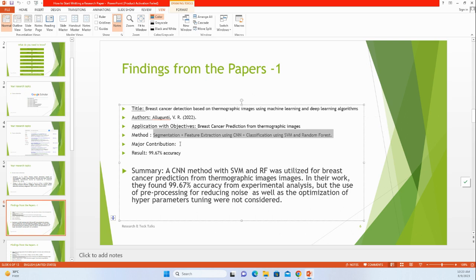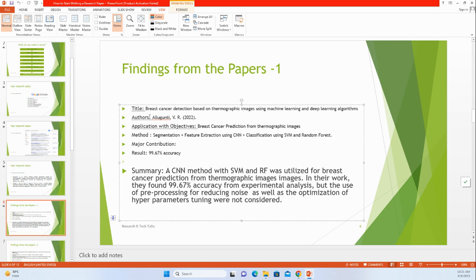If new, then that is the contribution. If these images are used for breast cancer, then that is their major contribution. And another one is, what is the accuracy? Their accuracy was 99.67%. So this is the finding from paper 1.